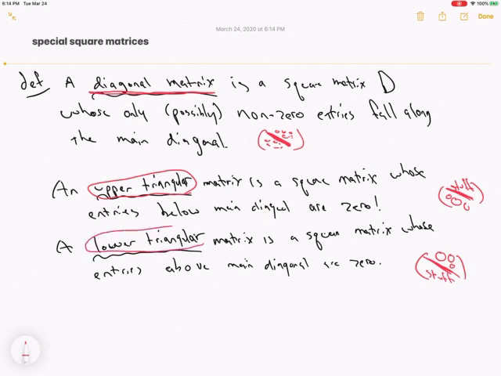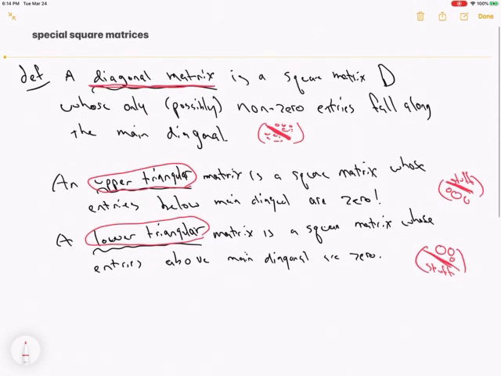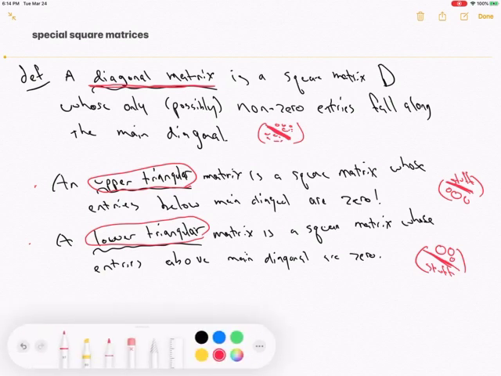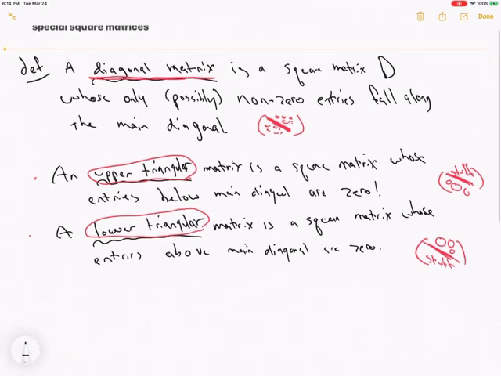So those are three, well, it depends how you split them up, but you have diagonal matrices, upper triangular and lower triangular matrices, and there are certain subsets of the upper and lower triangular matrices. These are called strict upper and lower triangular matrices.